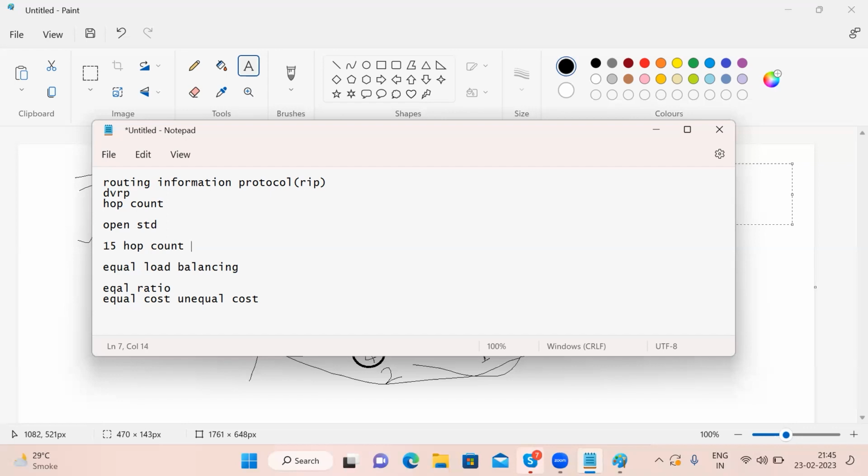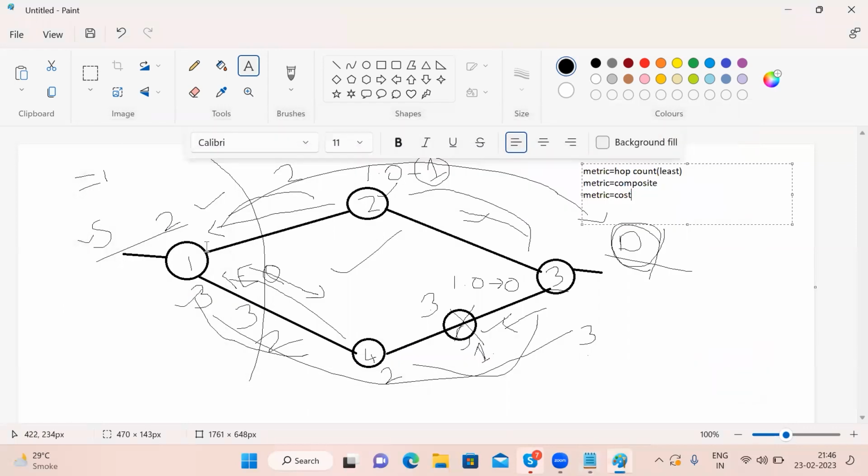That means it is designed for small networks, not for a large enterprise. Why? Because it supports up to 15 hops. If any network is connected on the 16th hop, that will become unreachable for your router.